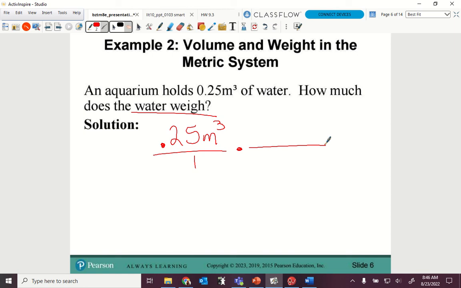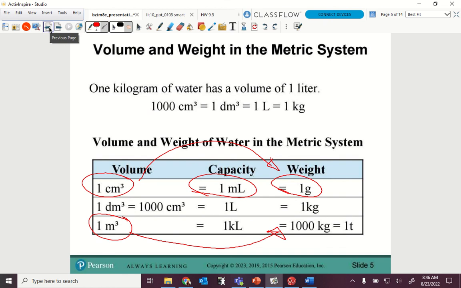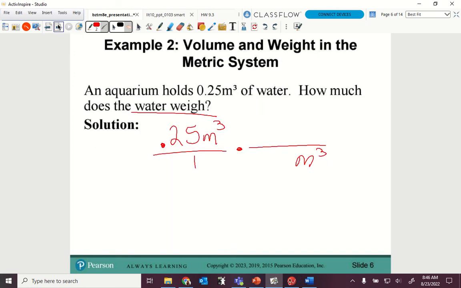So meters cubed is on the bottom, and what are we going to turn it into? How much does it weigh, right? So in terms of weight, that is 1,000 kilograms, right? So it's going to be kilograms. So 1 meter cubed is 1,000 kilograms.